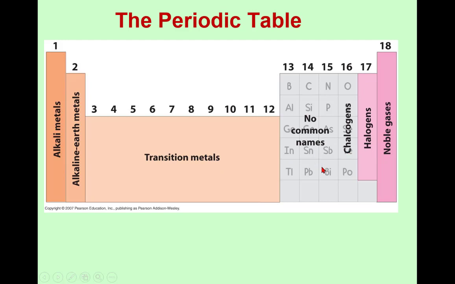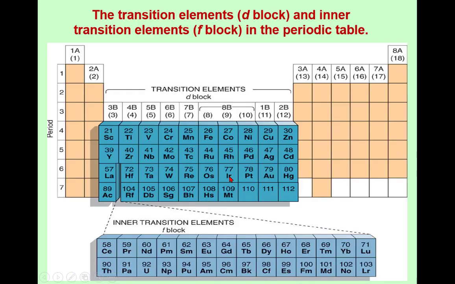There are p block elements, some chalcogens, some halogens, some noble gases, and some common elements which are present here. So this is all about some of the basic features of electron configuration, some of the basic information of the periodic table, and locating an element in the periodic table using its electronic configuration.